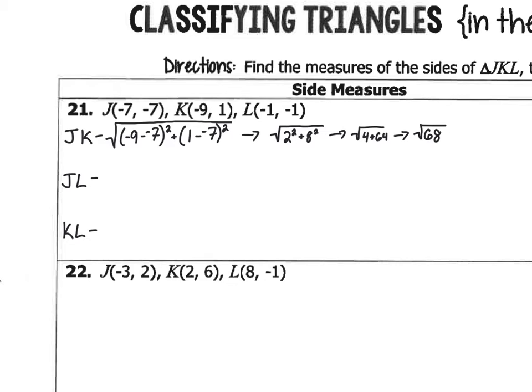So then here, your next one, J and L. So we're going to have -1 minus -7 squared plus the same thing. That'd be -1 plus 7.